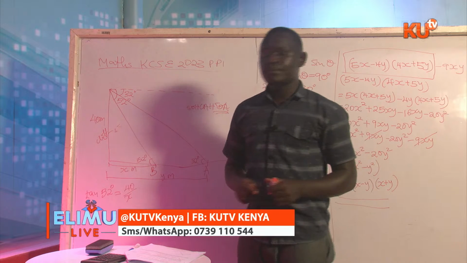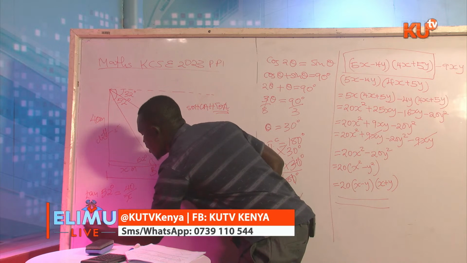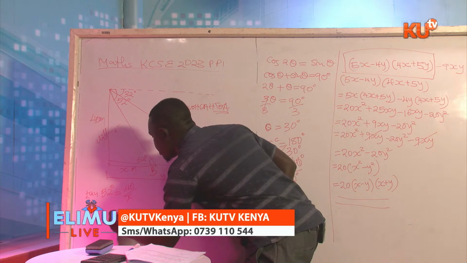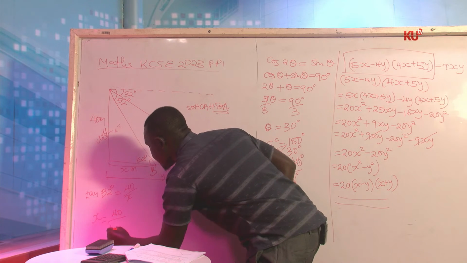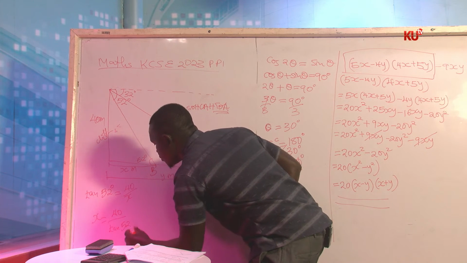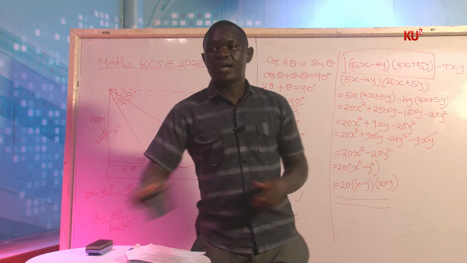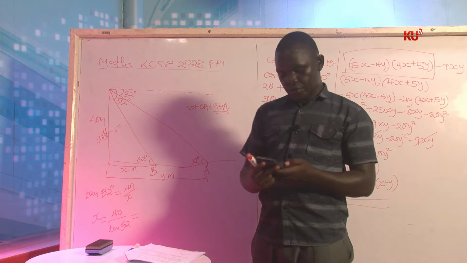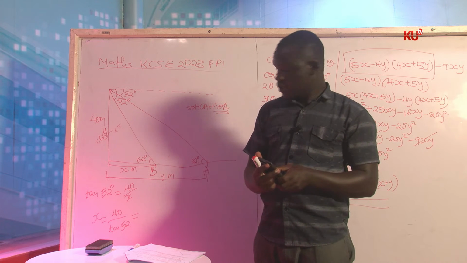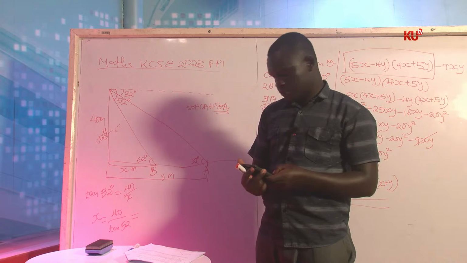If I make x the subject of the formula, I'll have x equals 40 over tan 52. What are you getting in that case? You just key in using your calculator, 40 divided by tan 52.